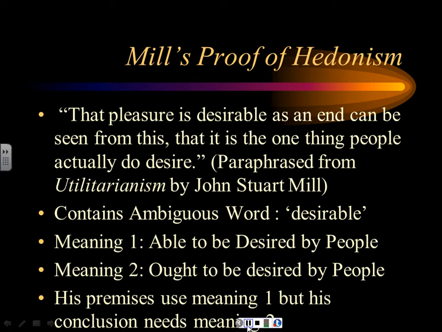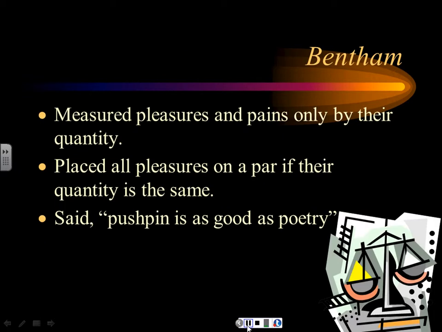So Mill, who by the way wrote one of the most popular logic textbooks in the 19th century, makes a Logic 101 error when he's writing his own stuff. Well, Bentham was the person who really started utilitarianism. Mill was his disciple and carried on with the defense of utilitarianism when Bentham got too old to do it.